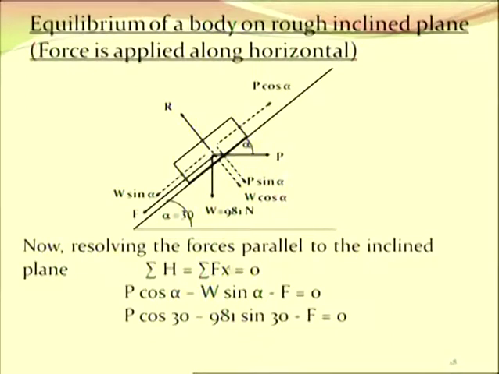Putting the values of W and alpha in this equation, we have P cos 30 minus 981 sin 30 minus F equals 0. Putting the values of cos 30 and sin 30, sin 30 is nothing but 1/2, so it is 490.5, which is taken on the other side, and the value of cos 30, 0.8660, into P, F remains as it is. That becomes equation number 2.